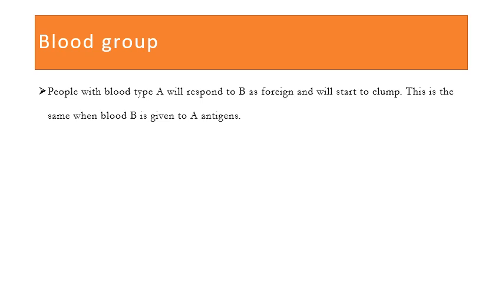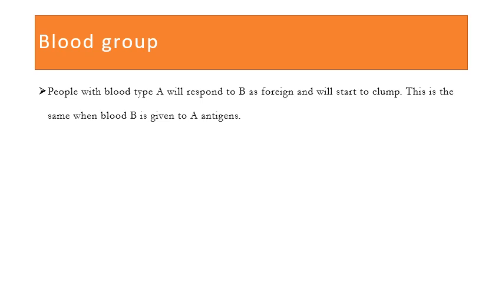So why is it necessary for us to study this? Because if a person has blood group type A, and they are exposed to blood group type B, blood group type B will be a foreign object, which they need to respond to and destroy.